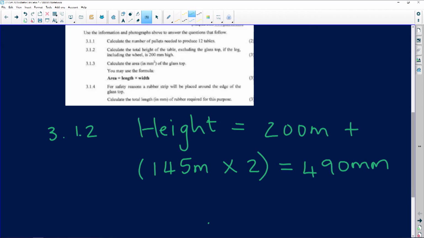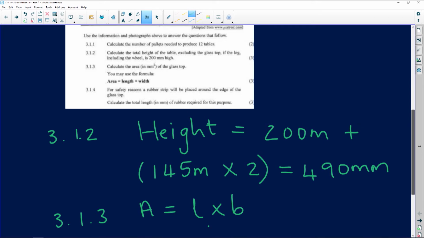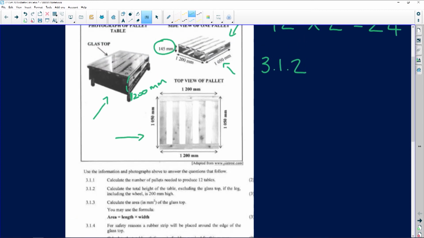So what is the next question? The next question says, calculate the area in millimeters square of the glass top. You are going to use the formula area is equal to length times breadth. Let's look at what the length and the breadth are.